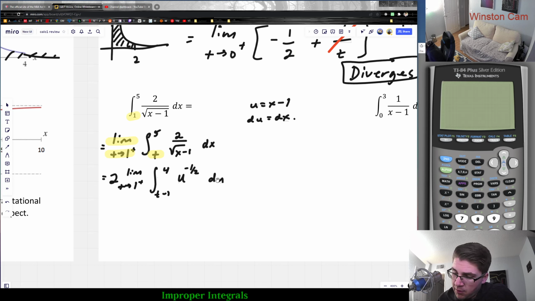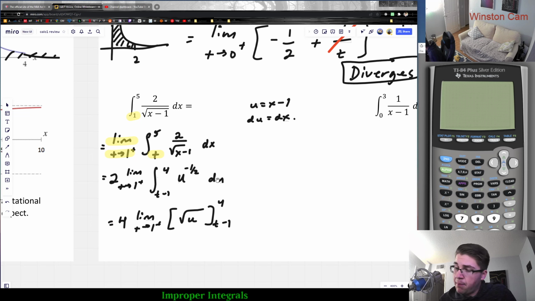So this leaves me with 4, the limit as t approaches 1 from the right, of u to the positive 1/2, which is equal to the square root of u, evaluated from 4 to t minus 1.